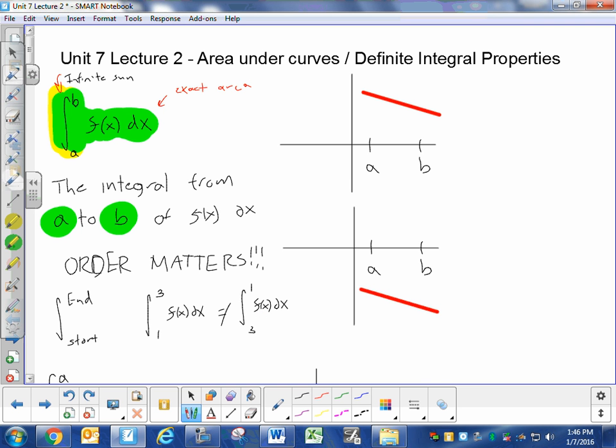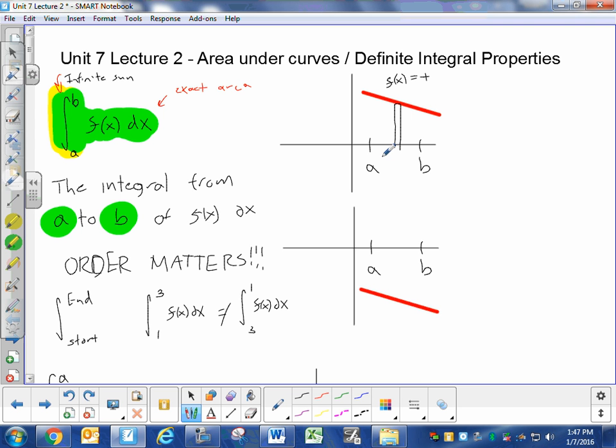Before, we're going to review what we talked about towards last class, what our areas are going to be, positive or negative, depending on where our function is, and explain how we're going from A to B, why that matters in terms of order. Okay, so if I took an infinite sum of infinitely skinny rectangles, here's an example of one of the rectangles. We know in this situation with the function being above the x-axis that this function value is going to be positive.